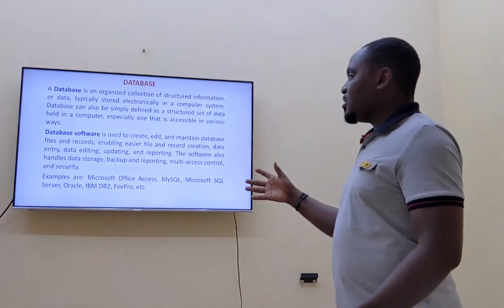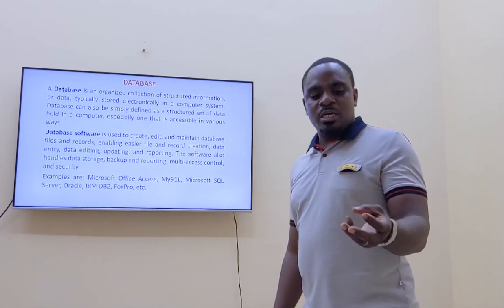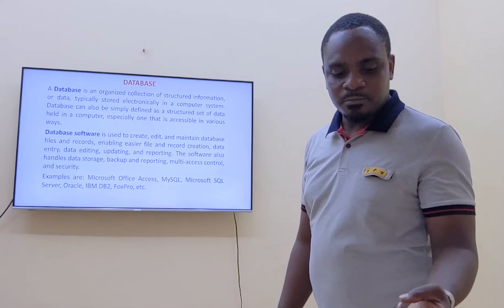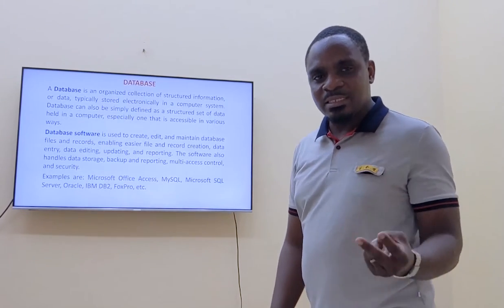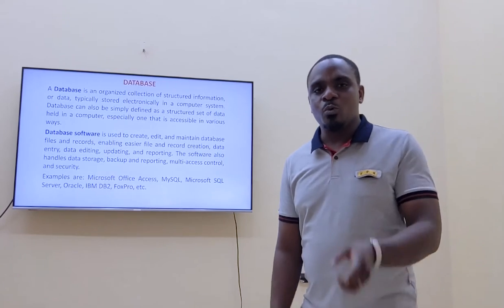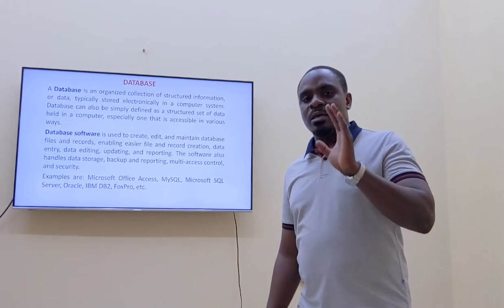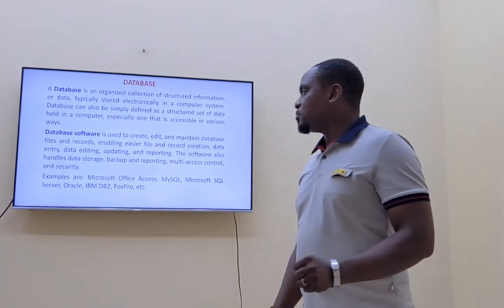These are the things that a database software can do for you. The most important thing it does is to collect data, enable you to edit that data, and also store that data for you with adequate security. These are the basic things a database software should do for you.